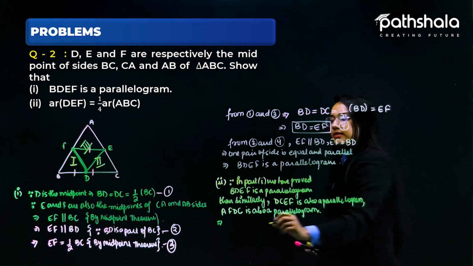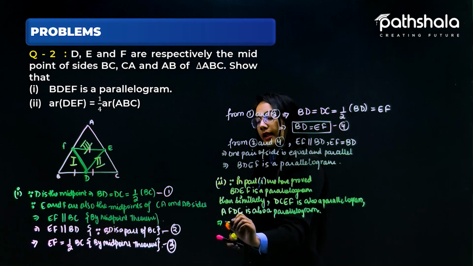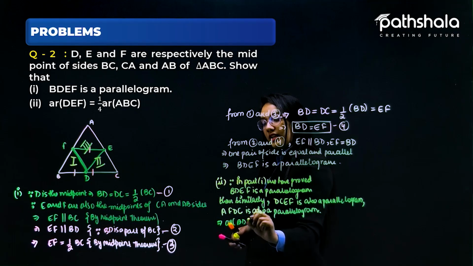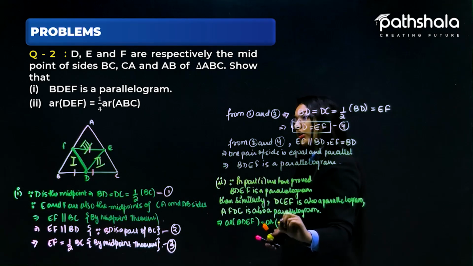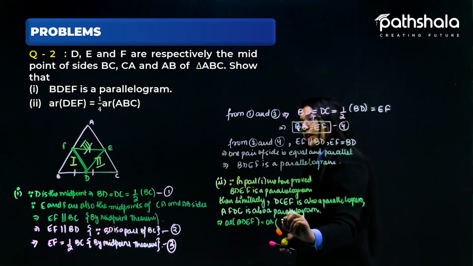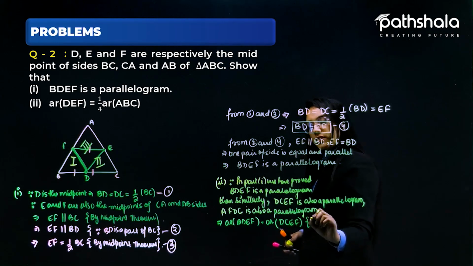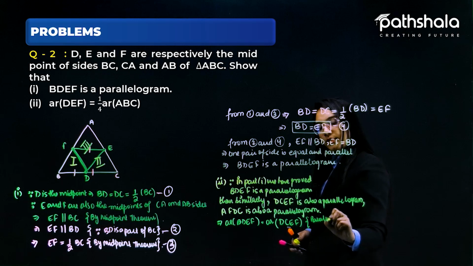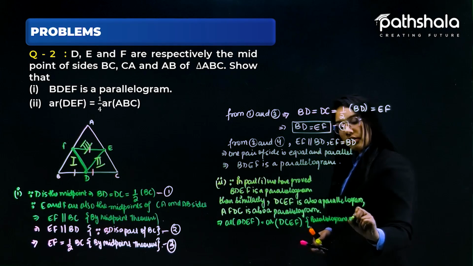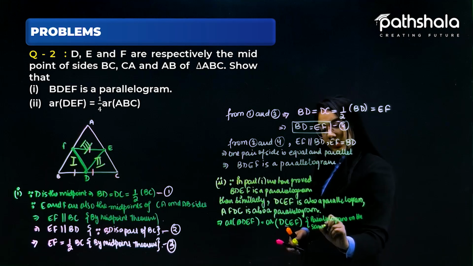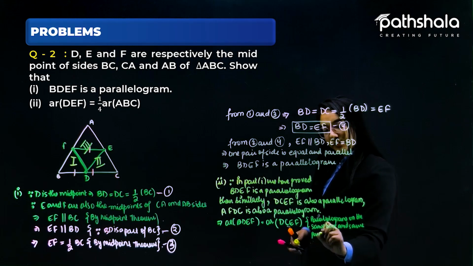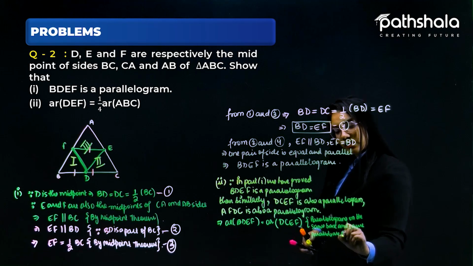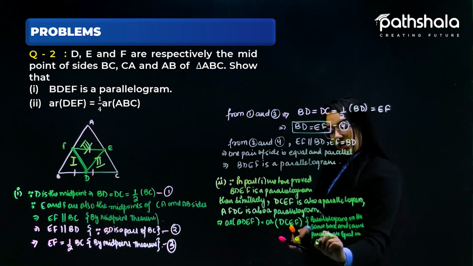Moreover, we can say that the area of BDEF should be equal to the area of DCEF. Why so? Because they are parallelograms on the same base and same parallels, and parallelograms on the same base and between the same parallels are equal in area.